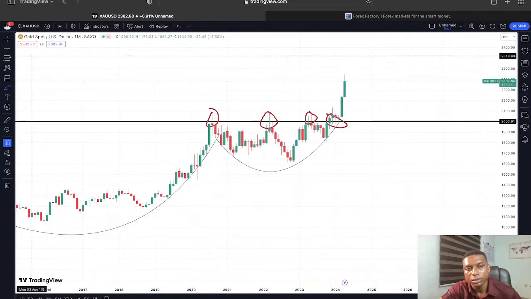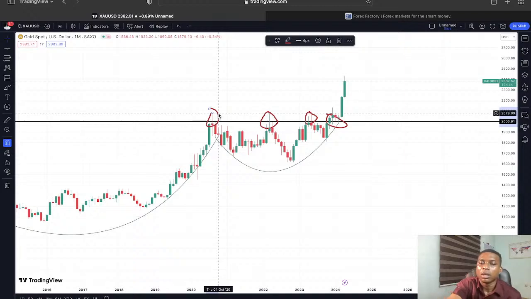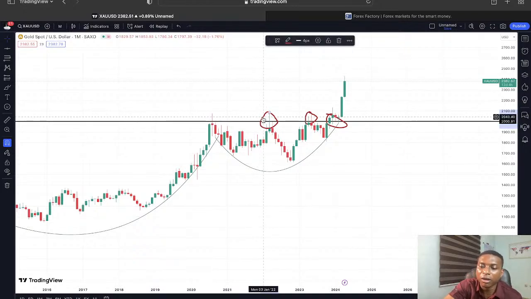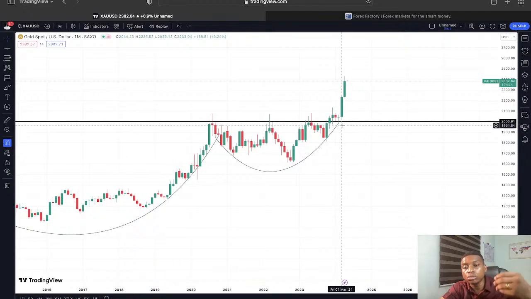All right, so it's clear and glaring that our previously established philosophy about price consistently touching a particular region leading to a potential breakout is true.